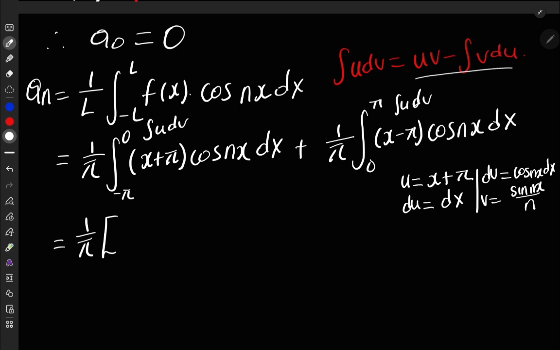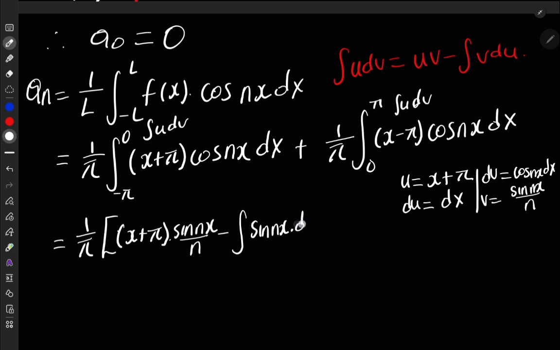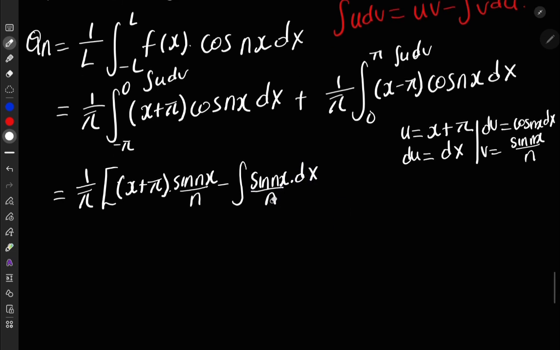Then you follow this formula: it's going to be u times v, which is sine nx over n, minus the integration of v du. Our v is sine nx, and du is dx over n here. So what you can do is take this 1 over n outside. Let's start with this one.